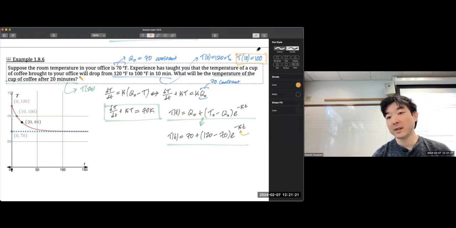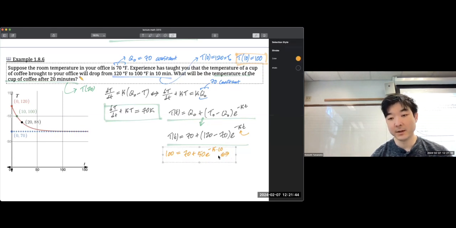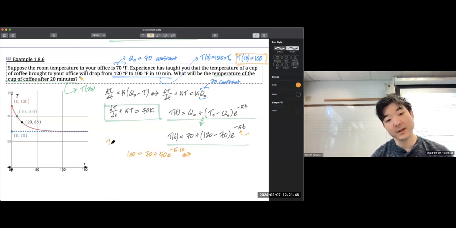So this orange box here just says that your temperature is 100 when t is 10. So 120 minus 70 is just 50, e to the negative k times 10. This is coming from this condition. Then you subtract both sides by 70, you get 30 is equal to 50 e to the negative 10k.